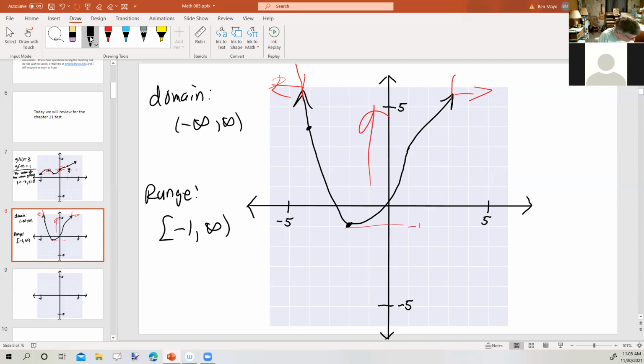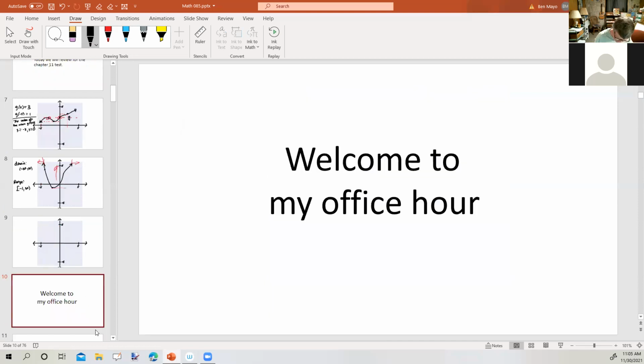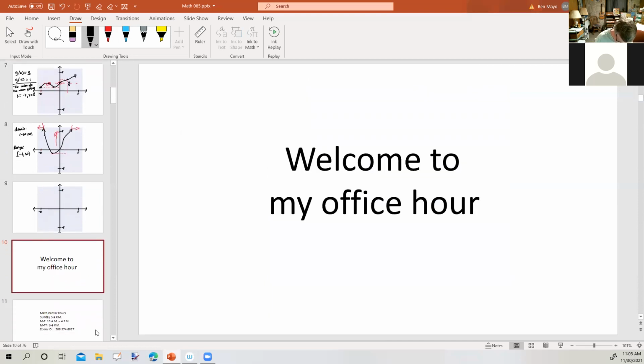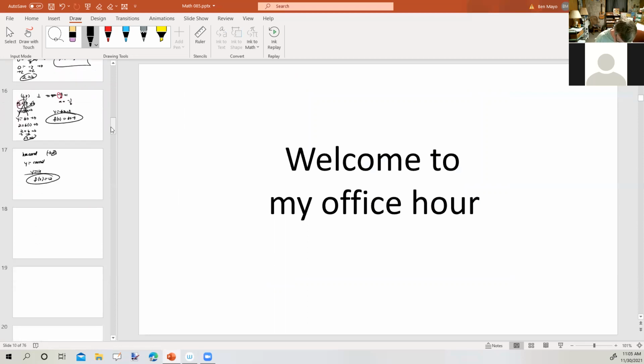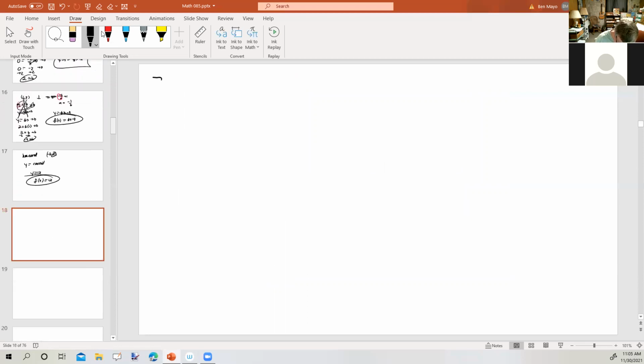Let's go on to, let's see here. This is 8.4, which is solving compound inequalities.